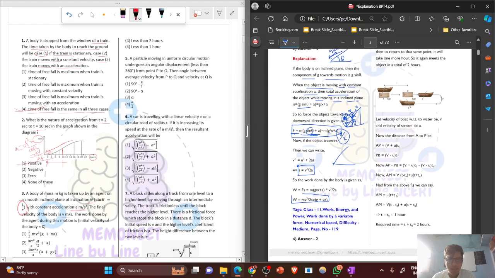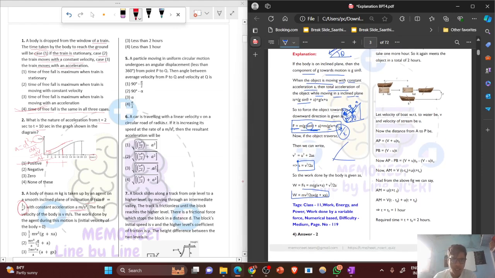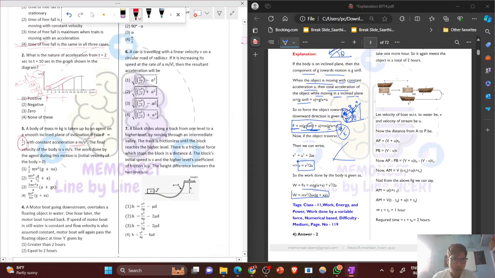As you can see, our fourth option, mv square by 2x into z plus xa, matches the solution. This is the answer. In this, you simply need to calculate the net force, and thereafter calculate the displacement, so we can predict the work done.